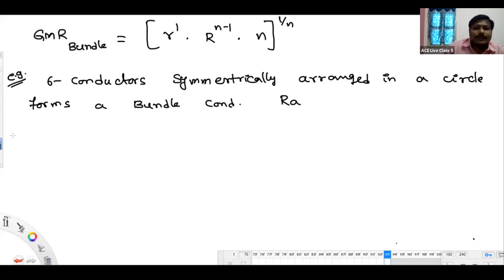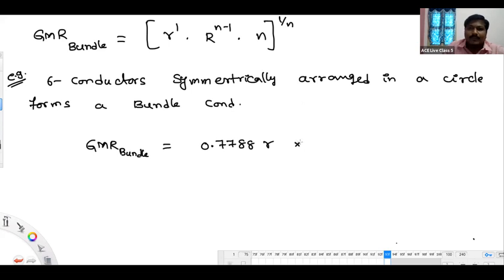You need not think about the radius of the circle. Just tell me, what is the GMR here? GMR of the bundle, what do you write? First you should take r dash. R dash means 0.7788 into small r. Capital R is the radius of the circle, and the power is n minus 1. What is n here?